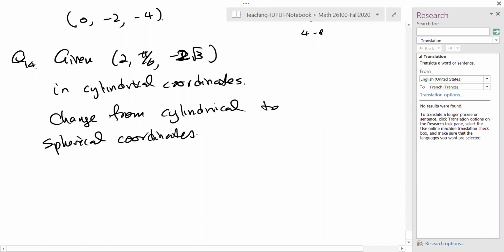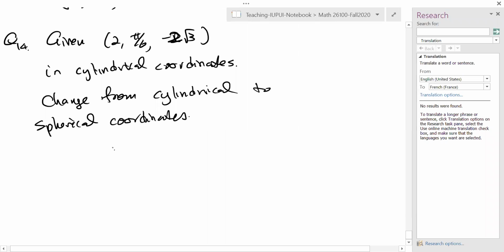Okay. So let's understand the cylindrical coordinate. How do we get the cylindrical coordinate? Essentially this is polar coordinates. Here's x, y, z, and this is theta.